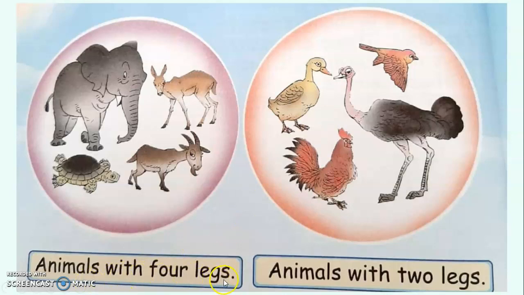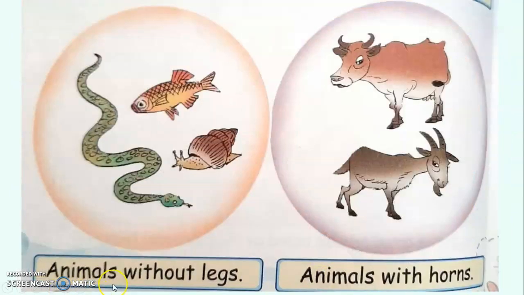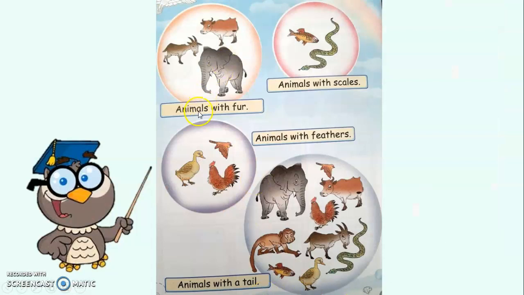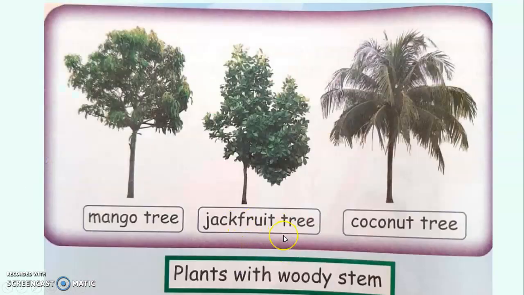Animals with 4 legs, animals with 2 legs, animals without legs, tak ada kaki, animals with horns, ada tanduk, animals with fur, ya, yang berbulu, animals with scales, ada sisik, animals with feathers, ada bulu pelepah, animals with a tail, ada ekor.